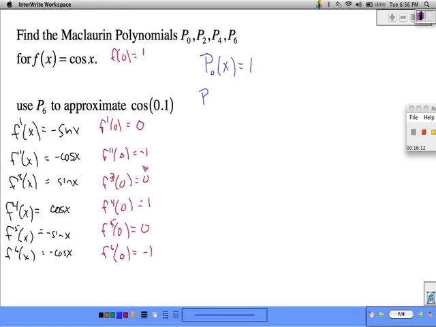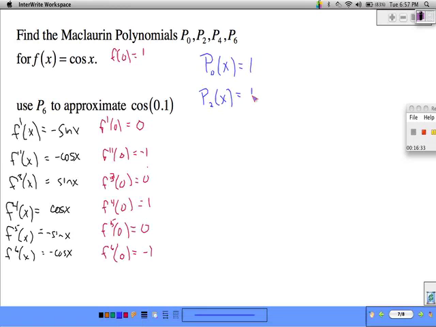Note there isn't really a first-degree Maclaurin polynomial for this because we're adding on 0 times x, so that doesn't change. That's why I'm only finding the even-degreed polynomials.